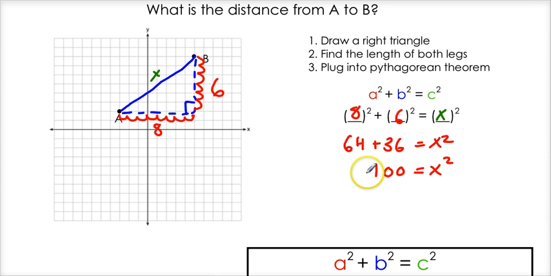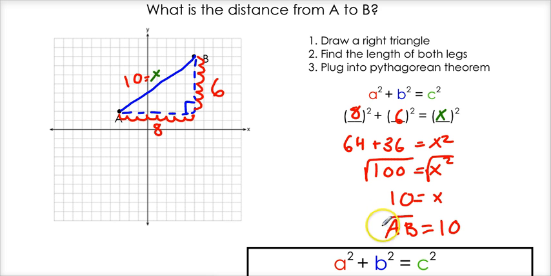How do we get rid of this squared? We take the square root, and we get x is equal to 10. Beautiful. So that is the distance from A to B. This would be side length 10. And let's be fancy about it. AB. So that's how this question is done.